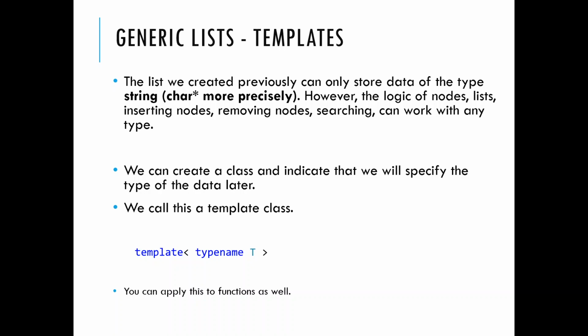Templating allows me to do things like, so for the STL, I have a sorting algorithm that takes in an array of data. What kind of data? It doesn't care what kind of data. The only thing it needs you to guarantee is that the data that you're trying to sort can be compared with a greater than. So I need to be able to see if element 1 is less than element 2 or element 5.